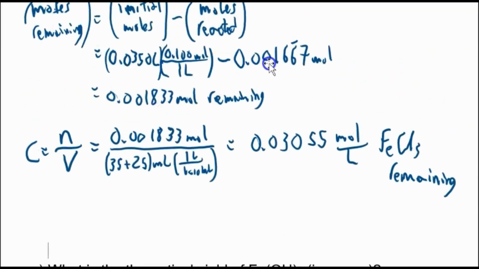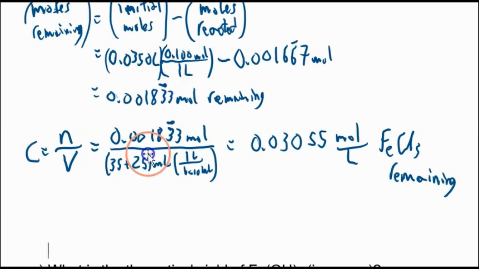Now, we have 1, 2, 3, 4... Oh, actually, look at this. No, there's 3 sig figs. We're good. This is only significant to here, so we should only report these 3 digits.